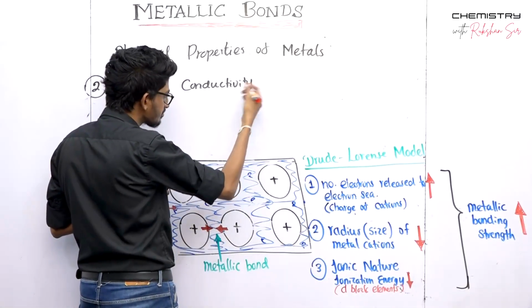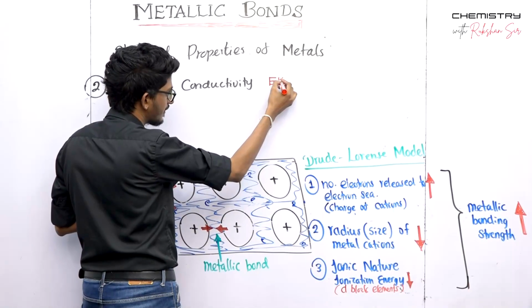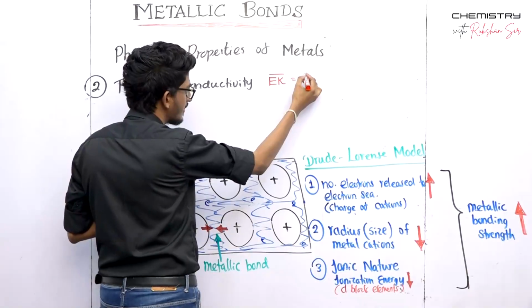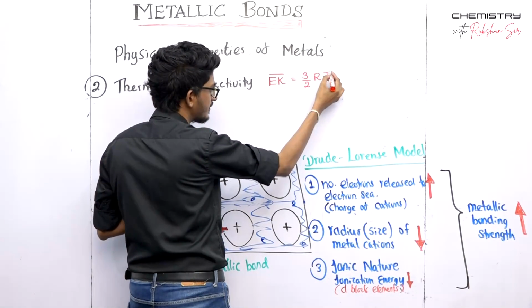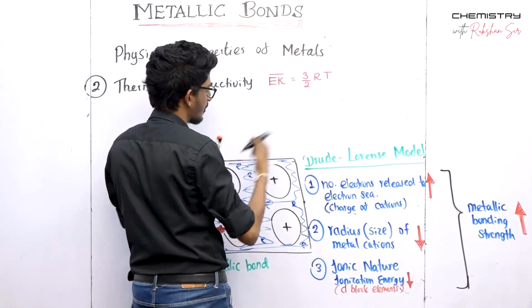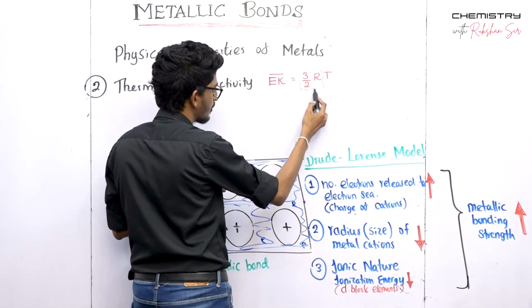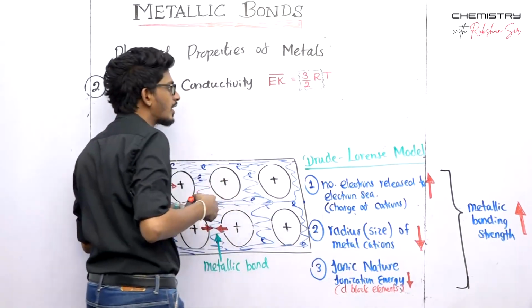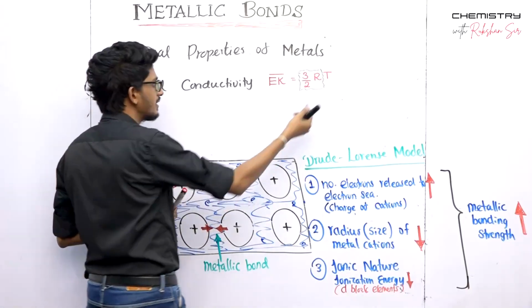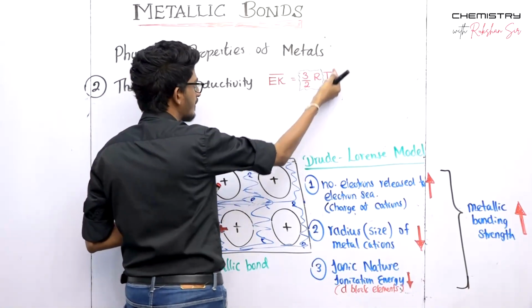The average kinetic energy will be given by 3/2 RT. So this is a constant, and R is another constant. One can say when the temperature is high, the kinetic energy is high, or when the kinetic energy is high, the temperature is high.